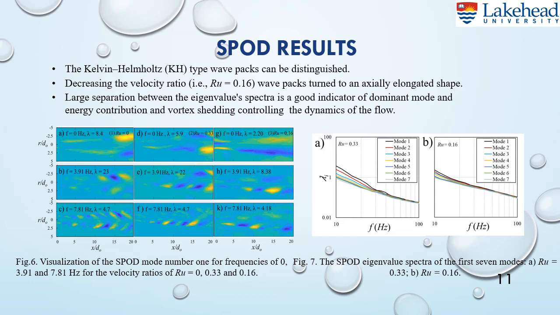Also, by decreasing the velocity ratio, the wave packet turns to an axially elongated shape. And as can be seen in figure 7, the large separation between the eigenvalue spectra is a good indicator of the dominant mode and energy distribution, and vortex shedding controlling the dynamics of the flow.